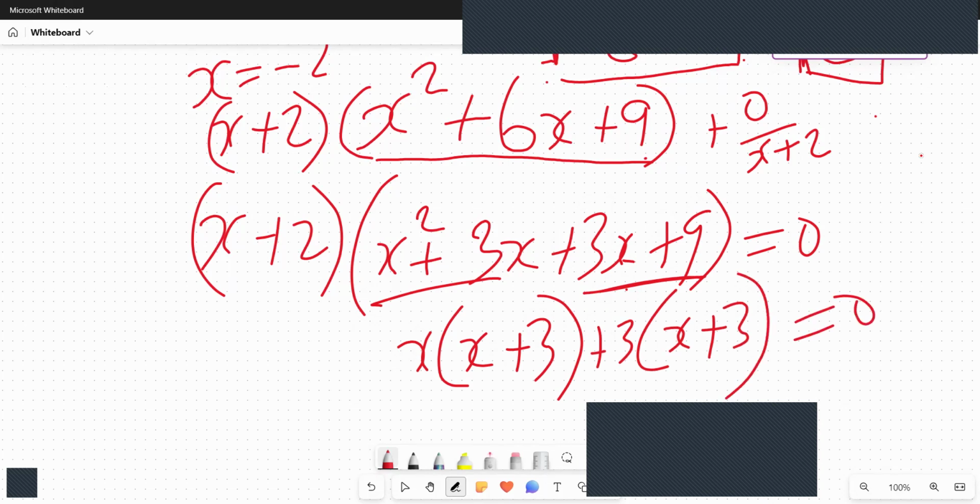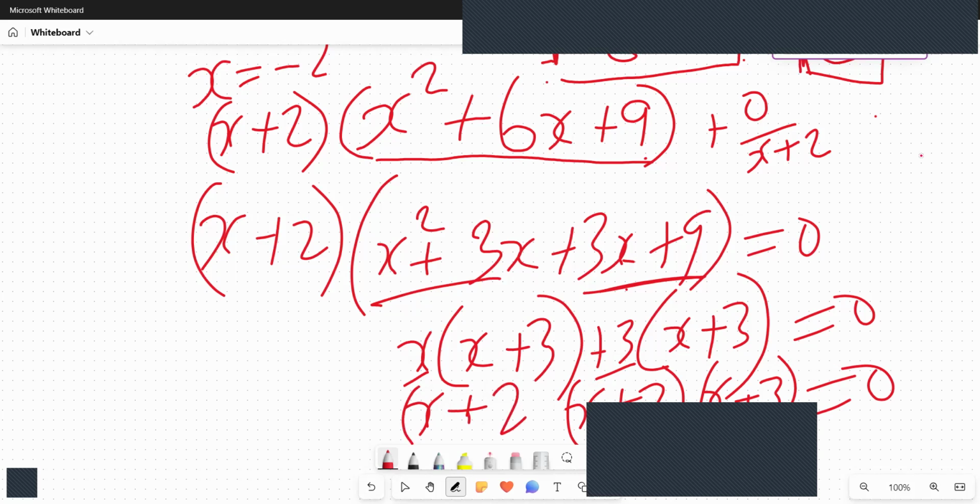Now I'm going to collect the outside terms, so I have x plus 3, and I'll take one inside term, x plus 3, equal to 0. So now I have all three factors, including x plus 2.